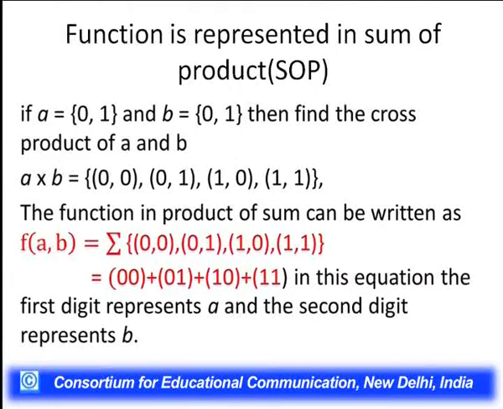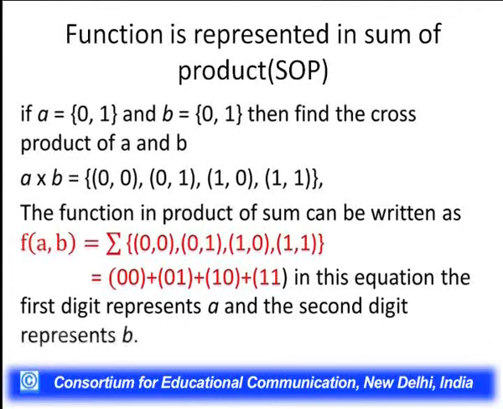If a equal to the set {0, 1} and b is again the set {0, 1}, then find the cross product of a and b. A cross b is equal to {(0,0), (0,1), (1,0), (1,1)}.